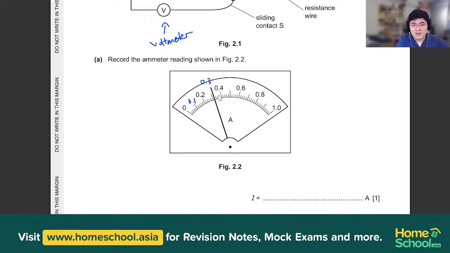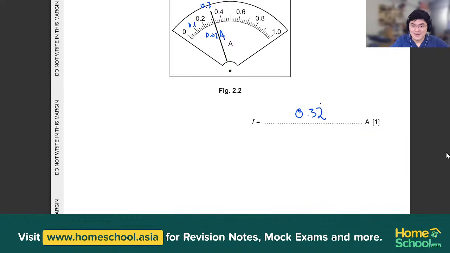Now this needle right here is pointing over here, which is one small unit after 0.3. So each of these small markings denote 0.02 amperes. So this reading is now 0.32 amperes. Okay, pretty straightforward. And that gets you your full 1 mark.